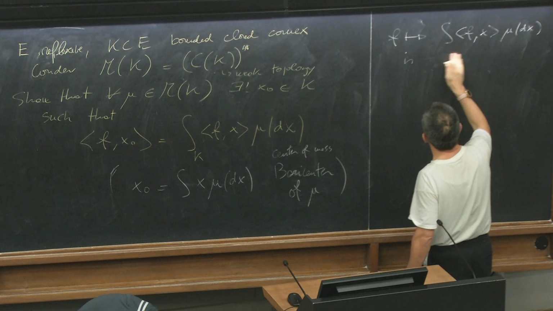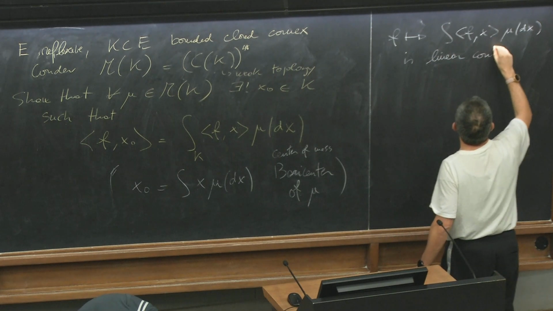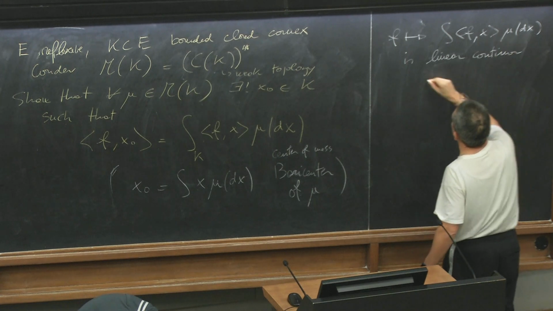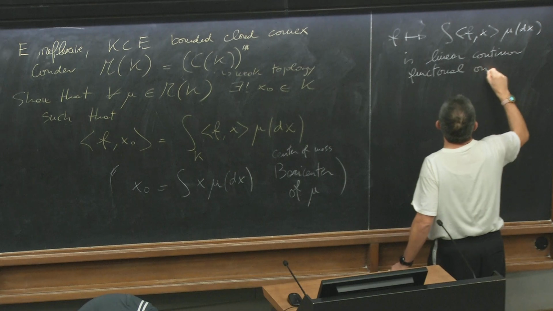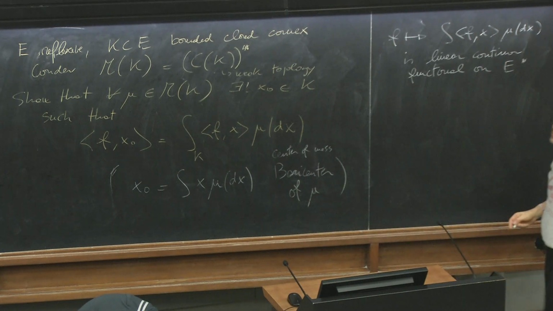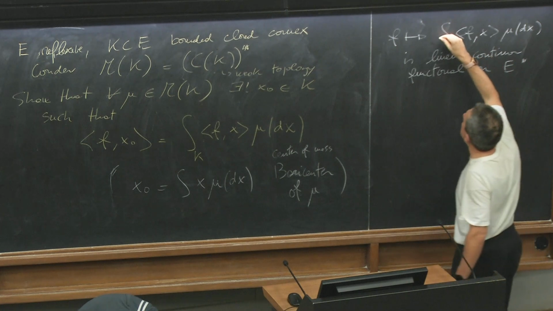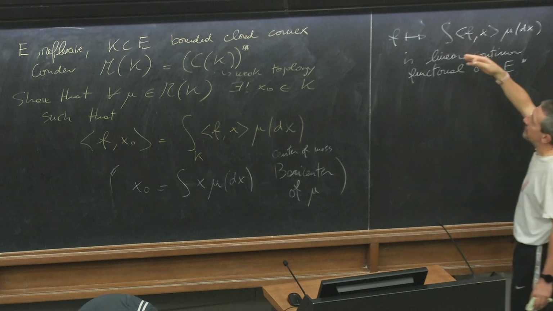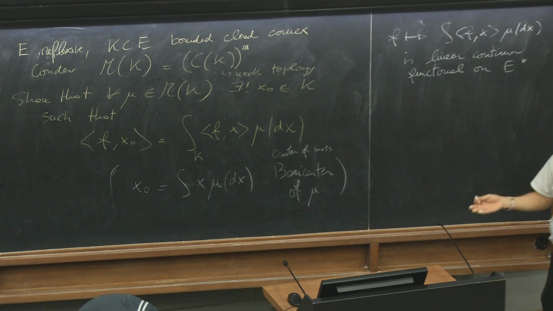Sorry, so it's a linear continuous functional on E star. Because if f converges in norm, this object clearly converges pointwise, actually uniformly, and then, okay, you can pass to the limit.